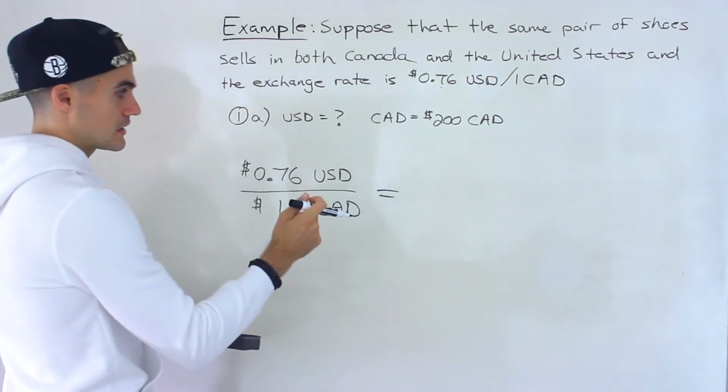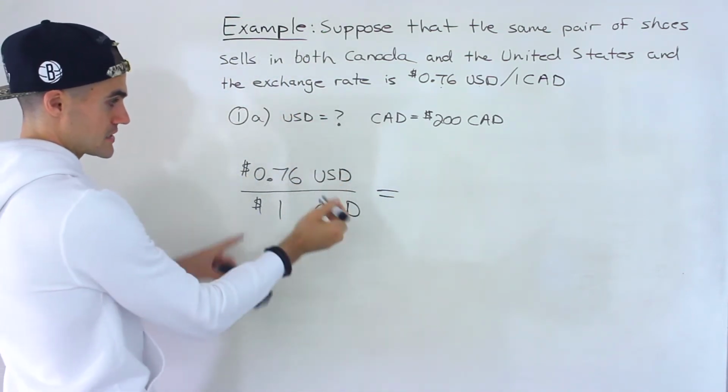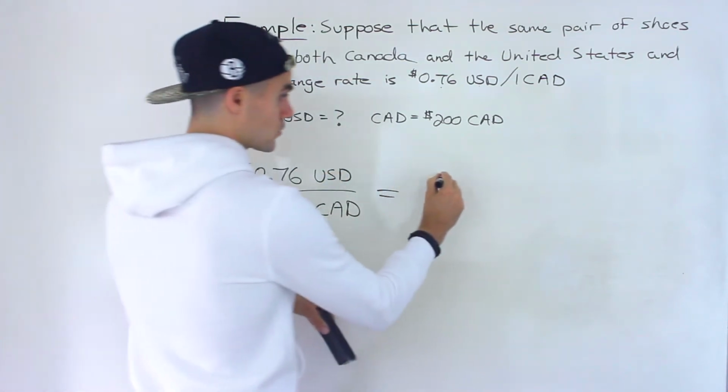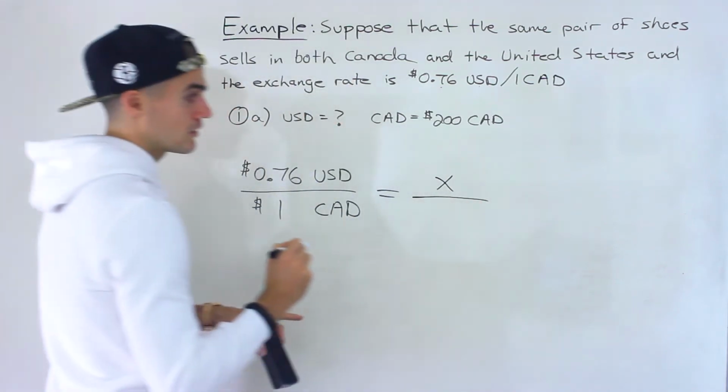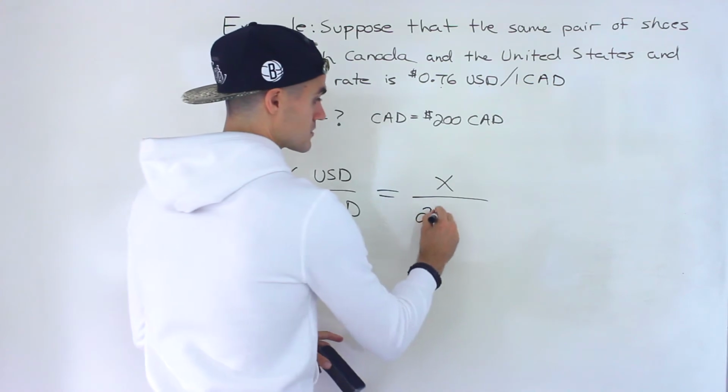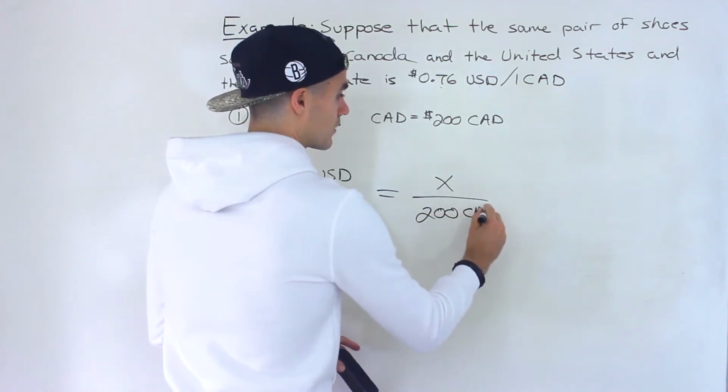And so once you have this format and you get a question like this, it's very easy to solve because notice we're solving for USD here. With the exchange rate given, the USD is in the numerator, and so we're going to be solving USD. You could put a variable there. Let's put X, and we're given the Canadian price down here.